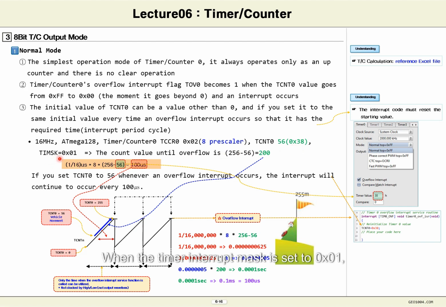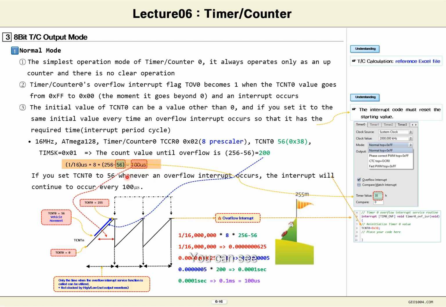When the timer interrupt mask is set to 0x01, the value counted until overflow occurs is 200, which is 256 minus 56. So, if you calculate the period, 1 divided by 16 MHz times 8 times (256 minus 56) will be the final period of 100 microseconds.